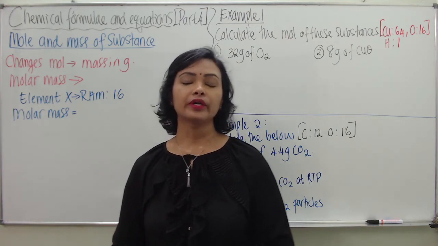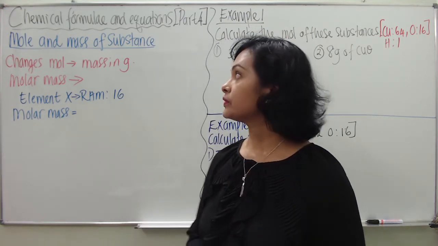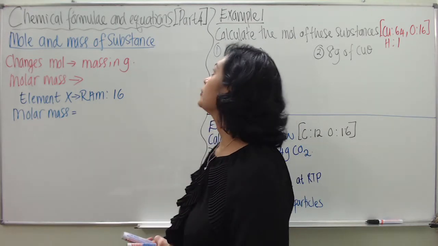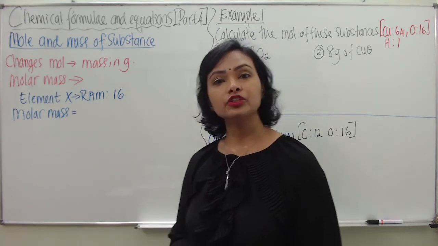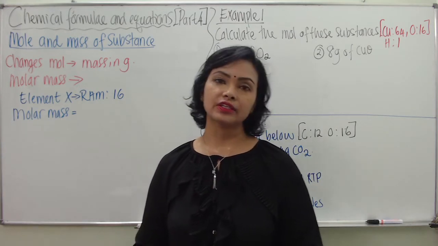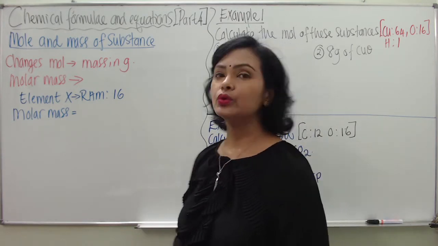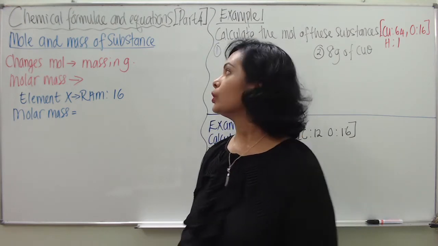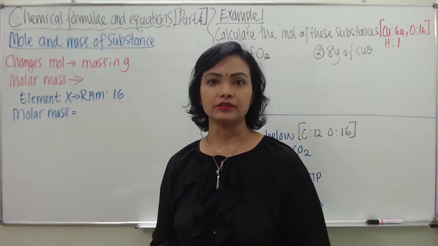Today we are going to continue on the chapter Chemical Formulae and Equations Part 4, where in this chapter teacher will discuss how to connect and relate the term mole with the mass of a substance.